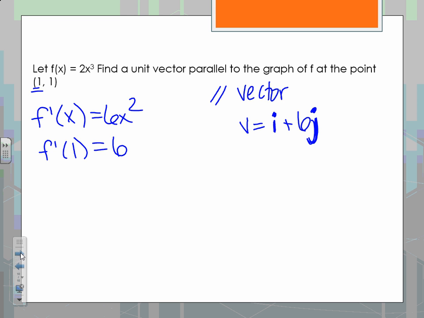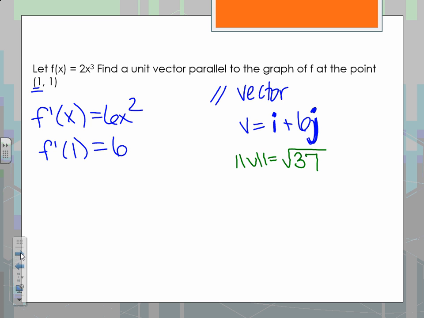How do we make a vector have length 1? Magnitude. What would our magnitude be? The square root of 1 plus 36, the square root of 37.